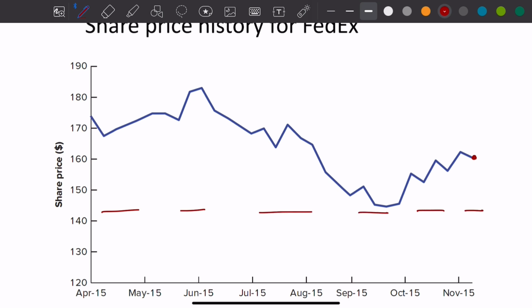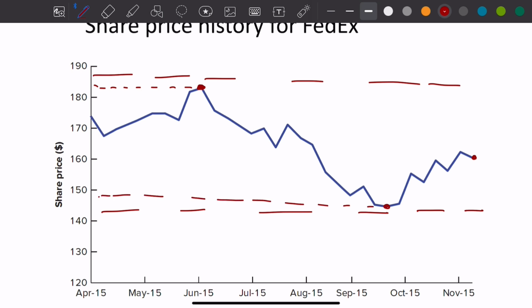For example, this chart is showing from April 2015 to November 2015. We could see the highest price over that period. So we can see the range that the stock has moved within. We can see the highest price that the stock has achieved over the period. We could see, for example, the lowest price.